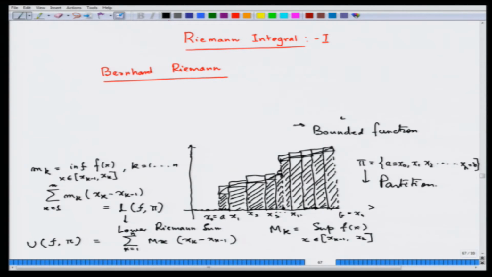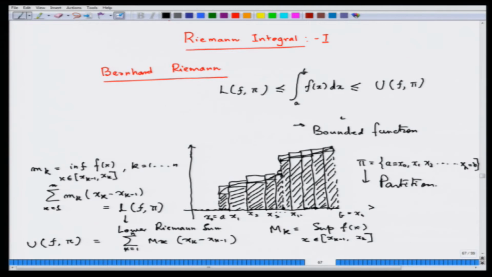So, the actual area, if I call it the integral, which we will very soon call the Riemann integral, is, for any given partition pi, between the two. This inequality might be strict.